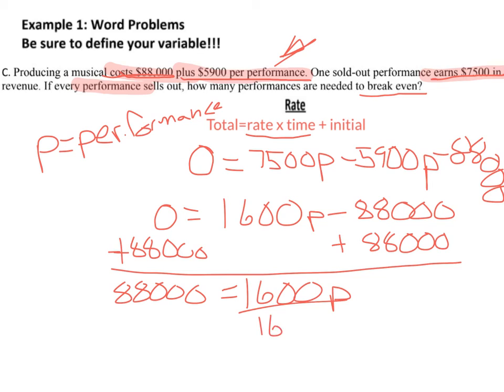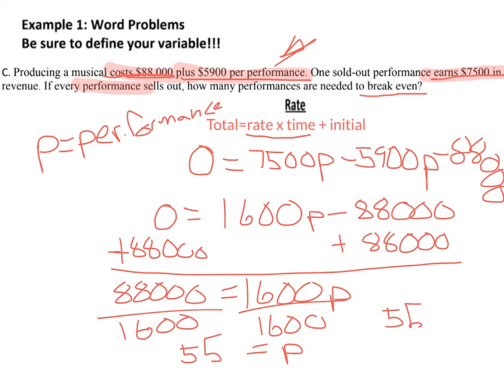And then we can divide by 1,600. So what that looks like is we're going to have 55 performances before we can break even. Looking pretty bad. Hopefully you see that. That should say 55 performances.